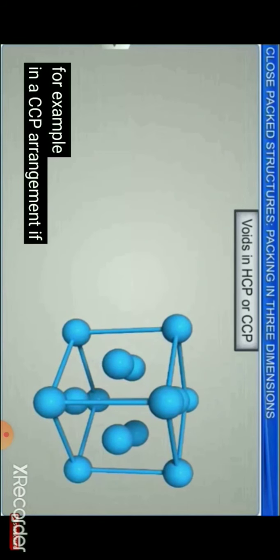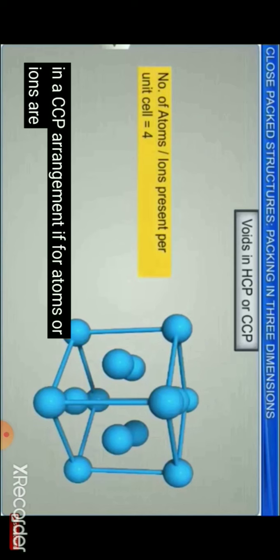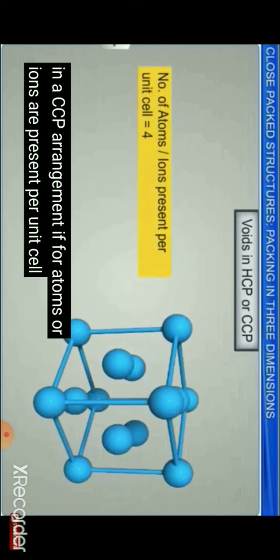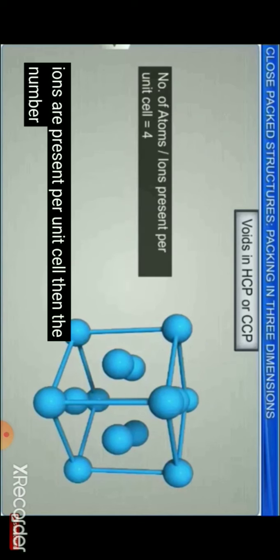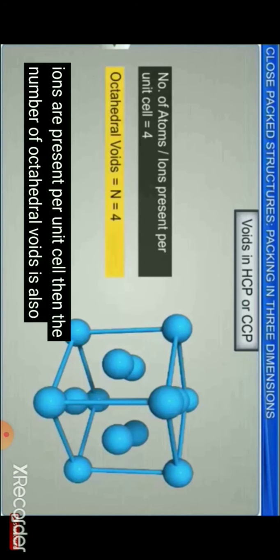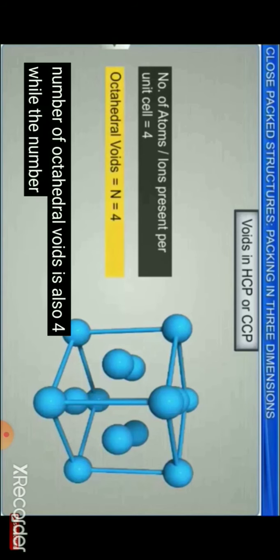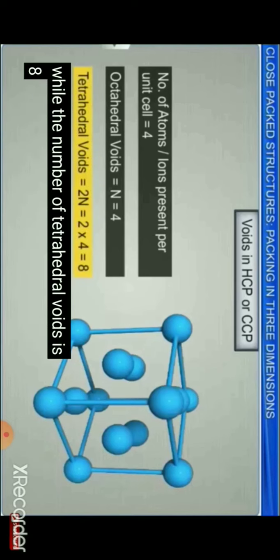For example, in a CCP arrangement, if 4 atoms or ions are present per unit cell, then the number of octahedral voids is also 4, while the number of tetrahedral voids is 8.